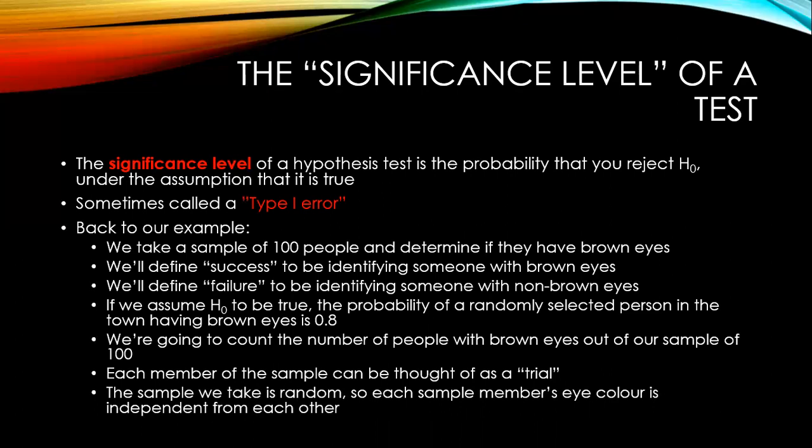We don't want to take people from the same family, because the eye color of your parents has an impact on the eye color of the child, right? So there's dependency on the outcome. In this case, we're going to assume that we take a random sample, so every sample member's eye color is independent from each other.